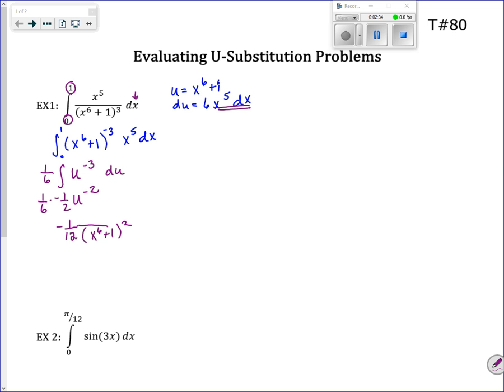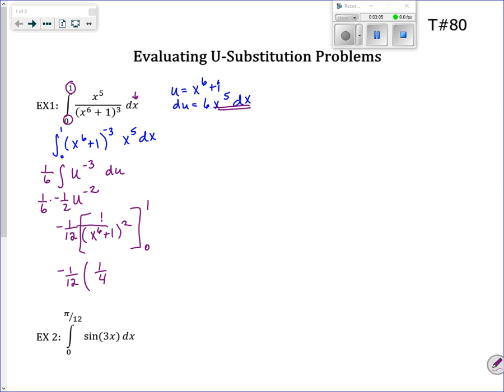In fact, I like to pull my constants out, so I'm going to do my 0 and 1 right there. So I'd have -1/12. Now let's figure this out. If I plug in a 1 for x, that would be 1 to the 6 is 1, plus 1, that's 2, squared. Are you with me that that would be 1/4?